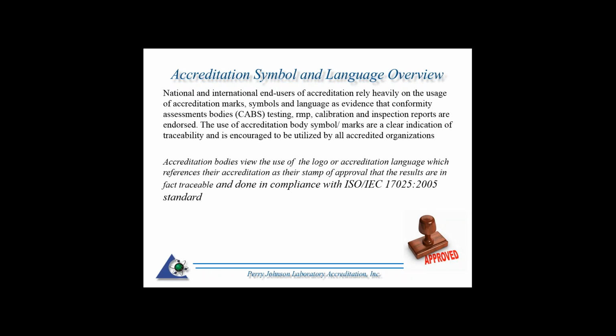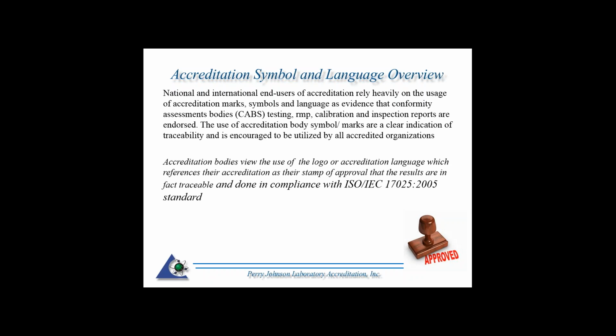And in looking at that, I quite often will need to, as objective evidence, look at, say, for example, a calibration report. Hence, if I see a calibration report which references the CAB's accreditation or has a symbol of the accrediting body, be it Perry Johnson Laboratory Accreditation or one of the others, to me that's a big stamp of approval.